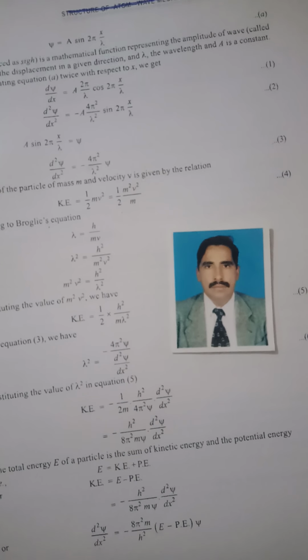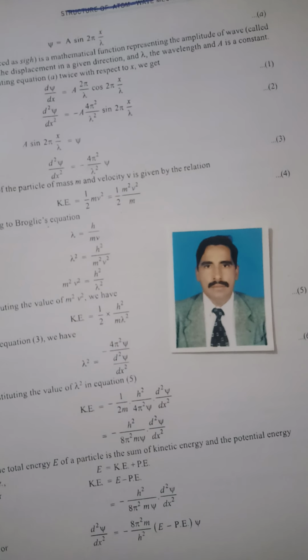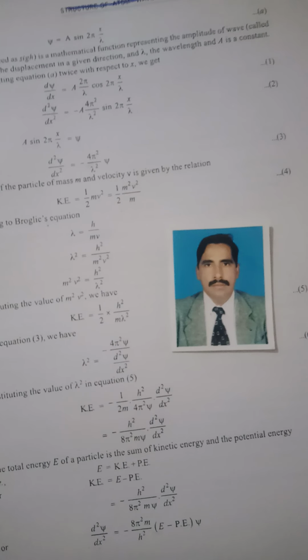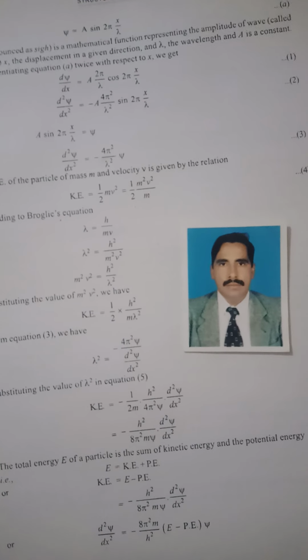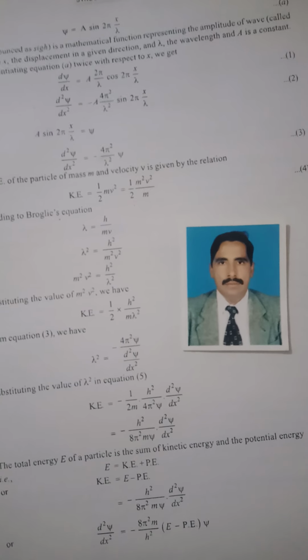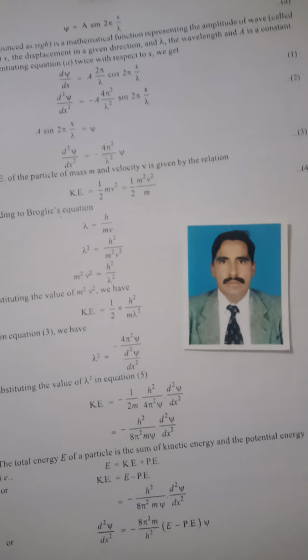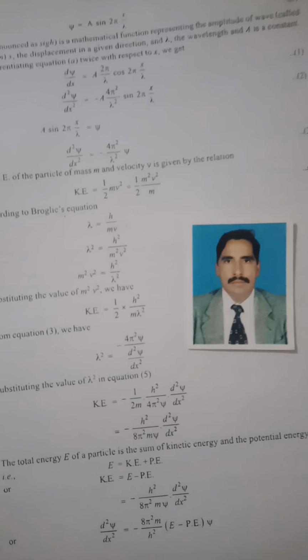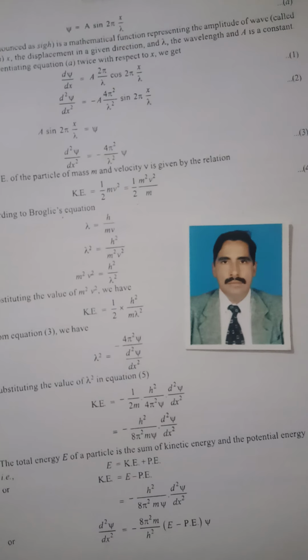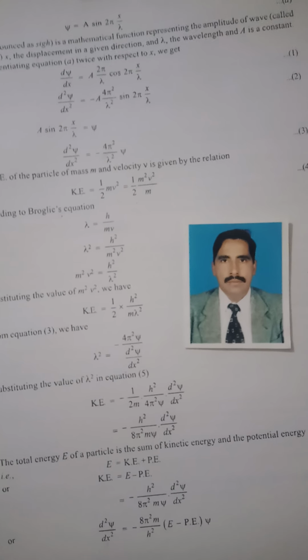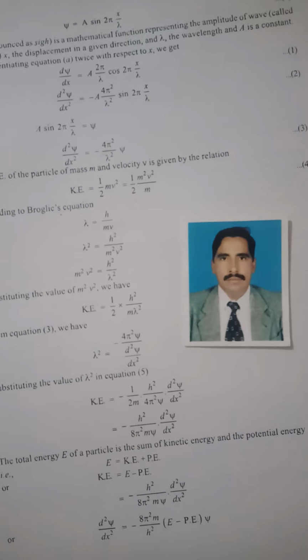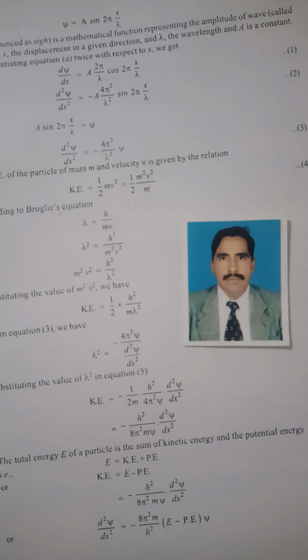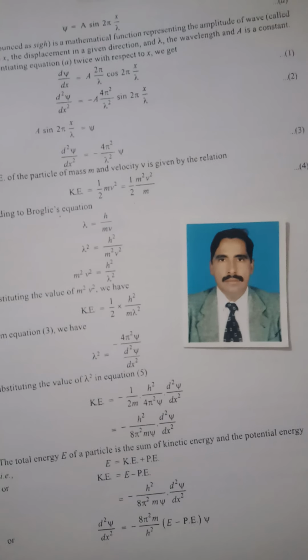As we know that A sin(2 pi x over lambda) is equal to the wave function psi, we put the value of psi in the above equation. We get d square psi over dx square is equal to minus 4 pi square psi over lambda square.